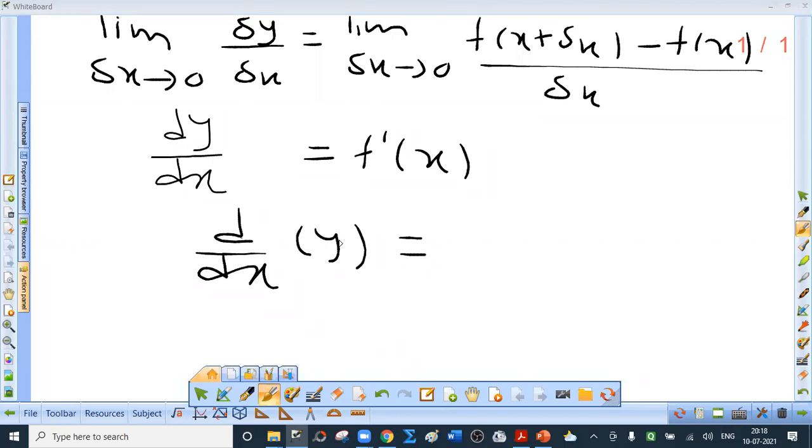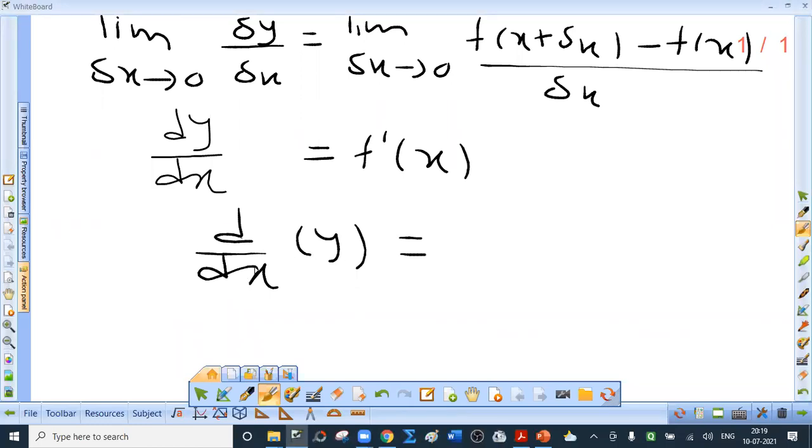It is the derivative of y with respect to x, which is nothing but f dash of x. See, the proof is not required. I'm not going to repeat the proof. If you haven't understood the proof, just forget it. Remember the Leibniz notation. I just explained the proof so that you will not think of cancelling d and d. That is absurd. That is ridiculous. Cancelling d and d to get y upon x. This is d by dx of y.